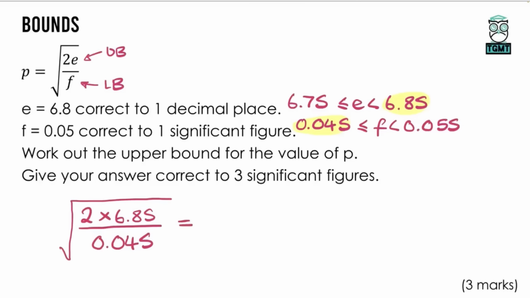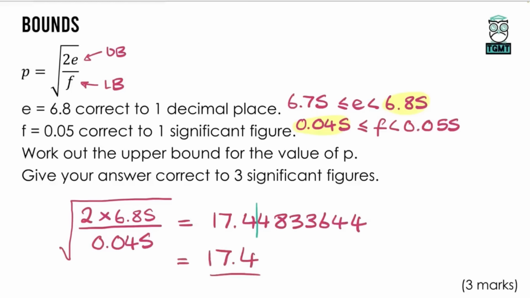It wants us to give our answer to 3 significant figures, but if we type that into the calculator, 2 times 6.85 on the top and 0.045 on the bottom, making sure it's all underneath the square root, we get a final answer which comes out as 17.4483344. I've written the whole number down. Now I'm going to round it to 3 significant figures, which is just after the 4 there. So that comes out as 17.4, and that is our upper bound.